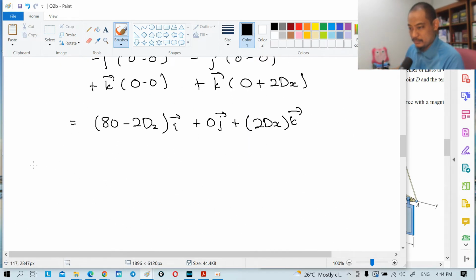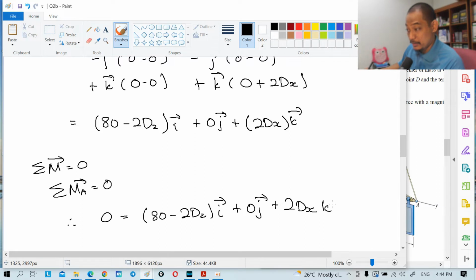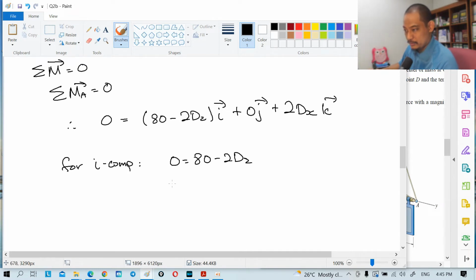Now given that summation of moment equal to 0, of course meaning summation of moment about A also equal to 0, so 0 equal to 80 minus 2 dz I plus 0 J, this is not a problem, plus 2 dx K. For I component, 0 equal to 80 minus 2 dz, dz equal to 40 Newton, right?